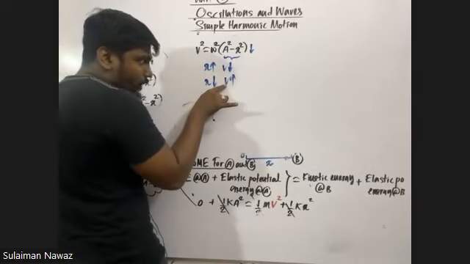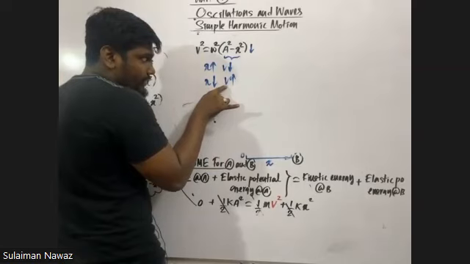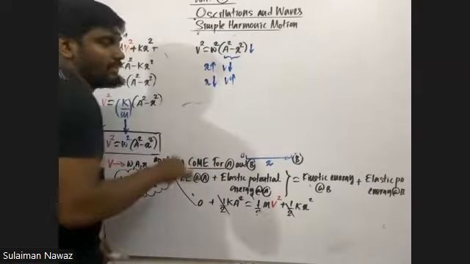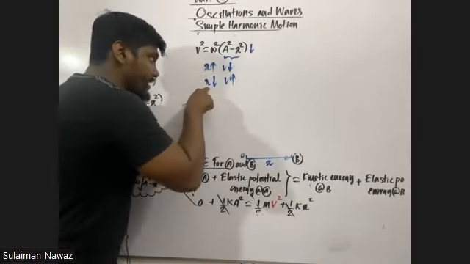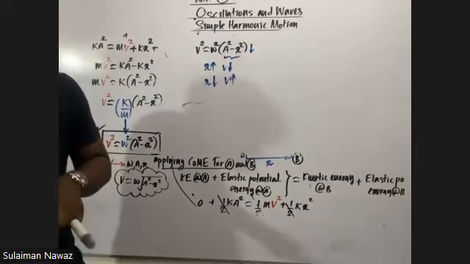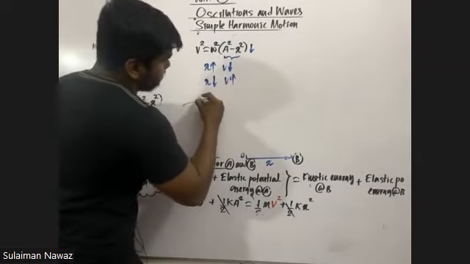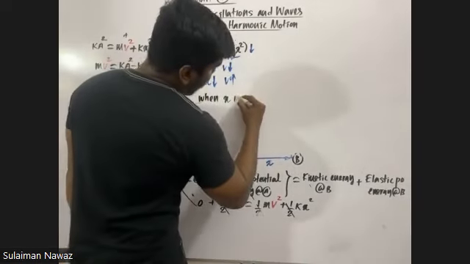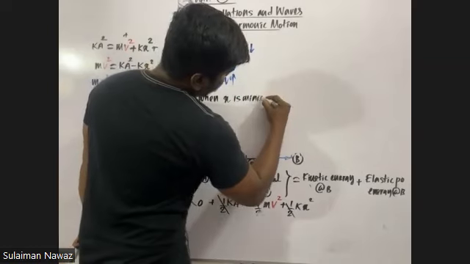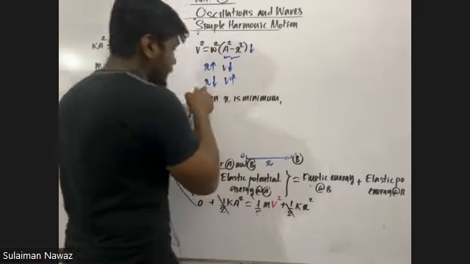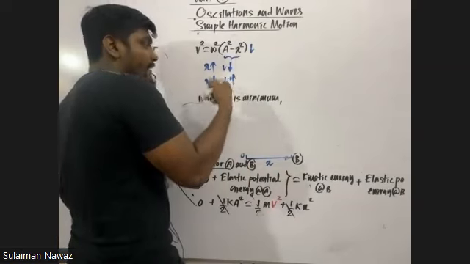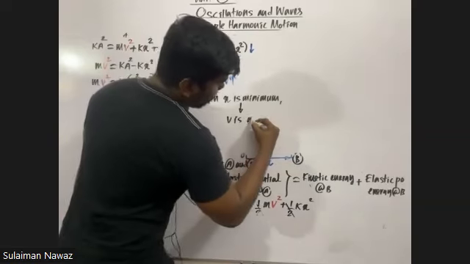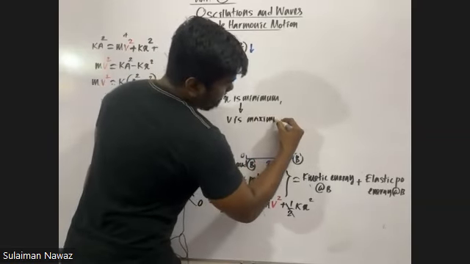If you want to find the maximum velocity, velocity will be maximum when your displacement is minimum, right? When x is minimum, v is maximum. Am I correct? You guys understand?